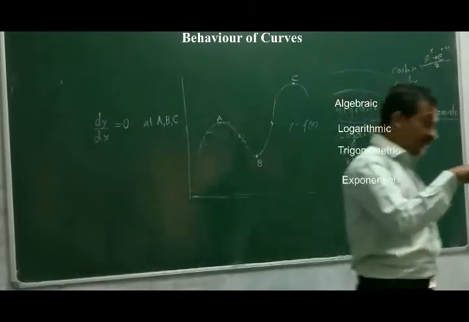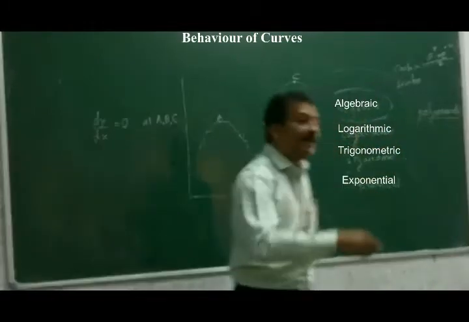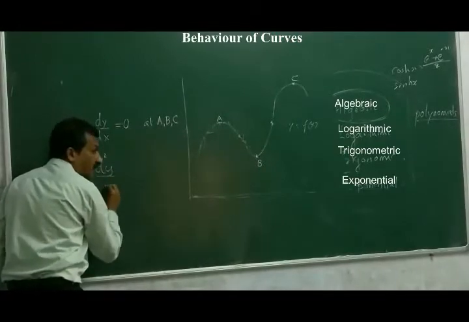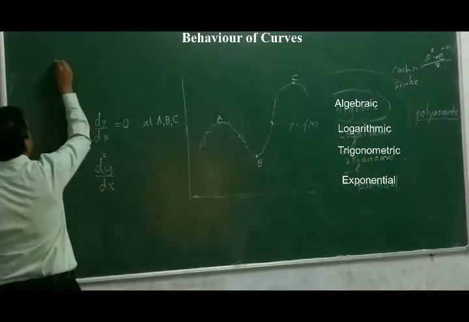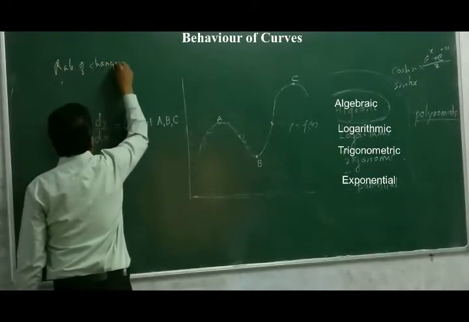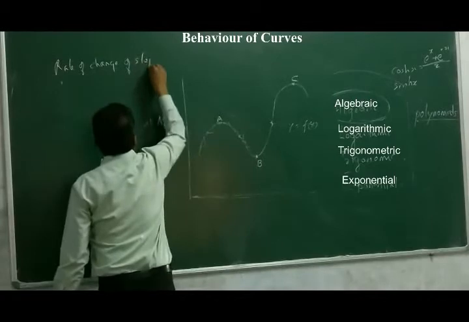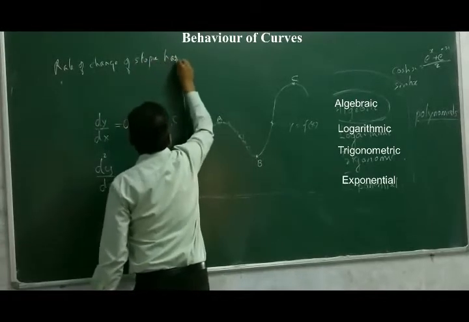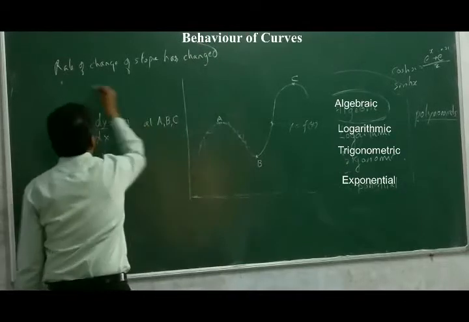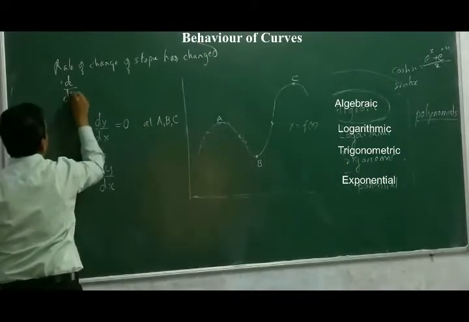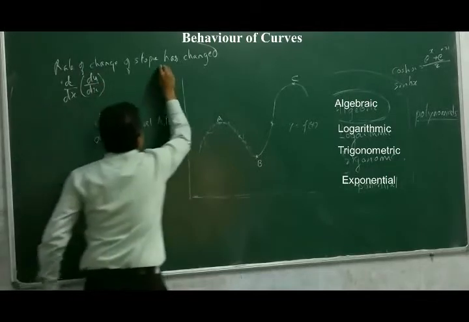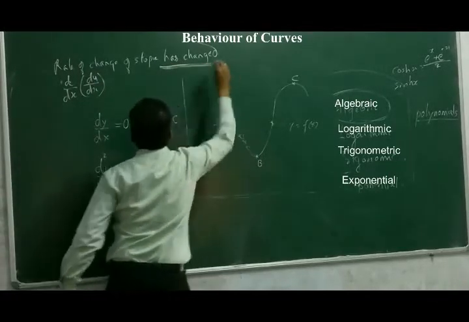That means, negativity of the slope, d squared by dx squared, the rate of change of slope has changed. That means d by dx of d by dx. This is the catchword, has changed.